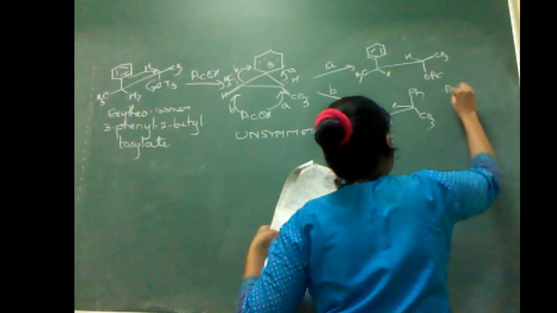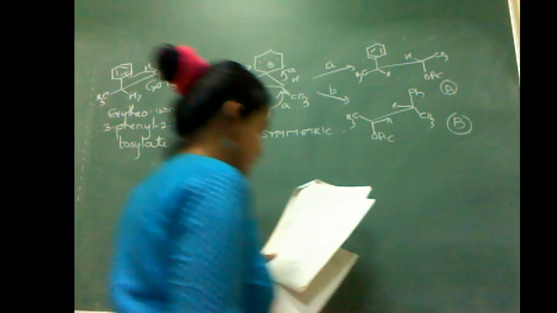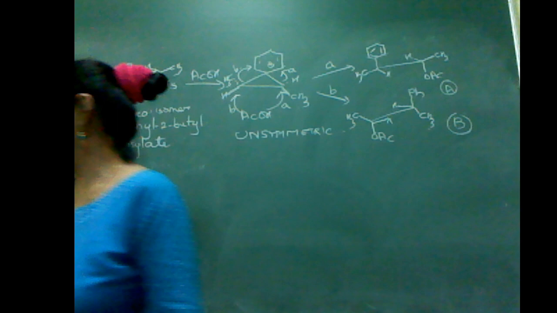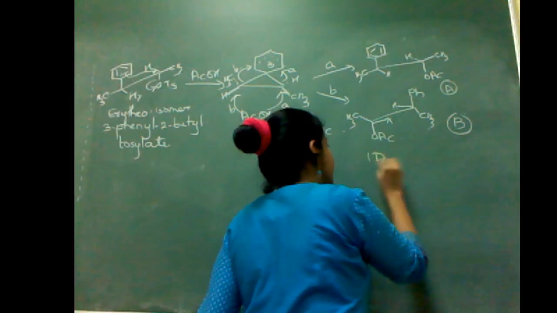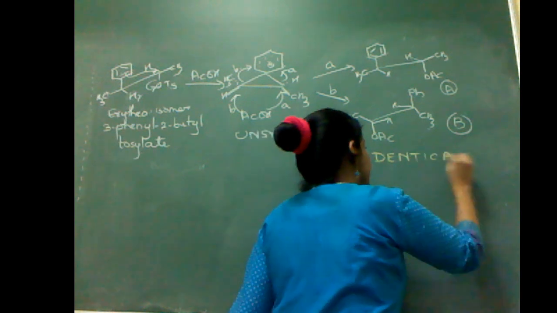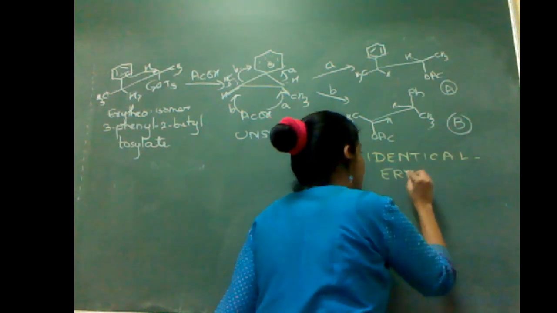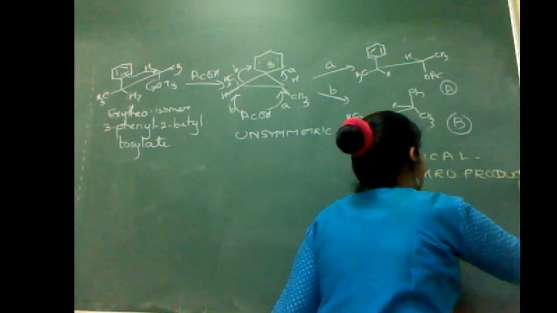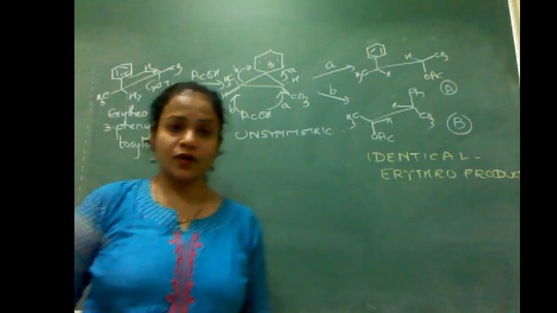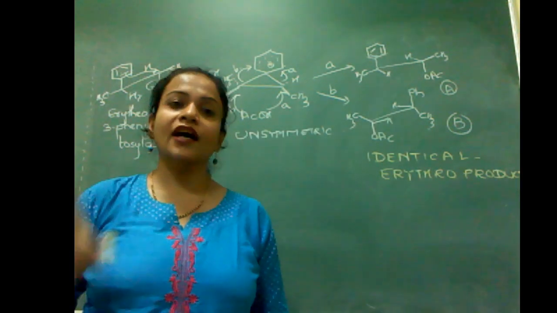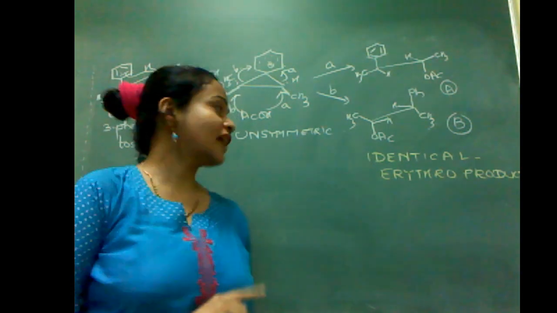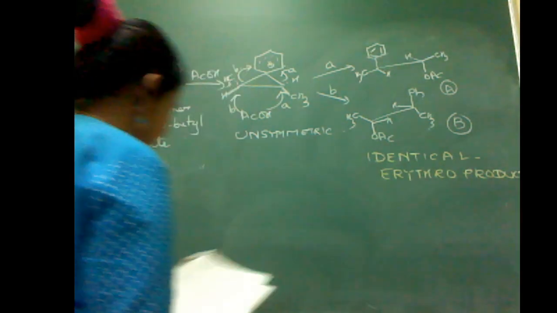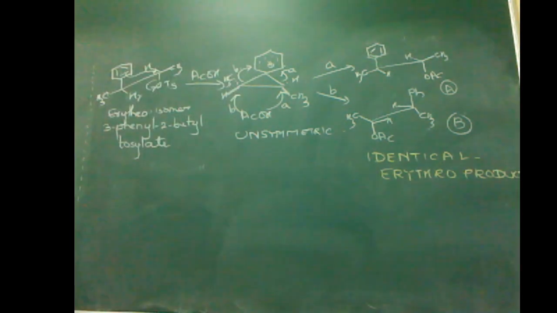So this is A, this is B. The observation states that you get identical erythro products. In contrast to the earlier example wherein we were getting 96% of racemic mixture, here you are getting the identical erythro product. So let us try to account for this once again the way we had accounted earlier.